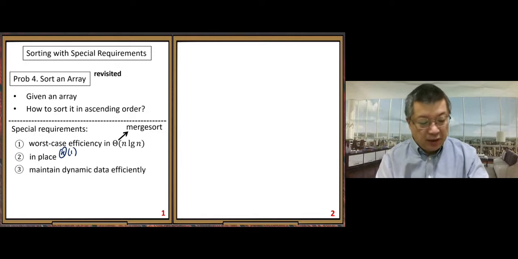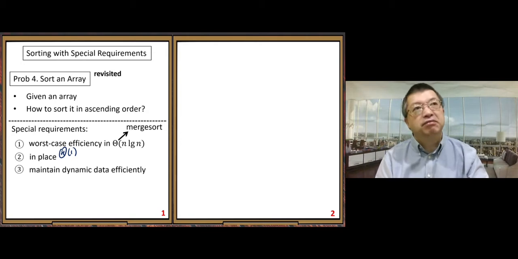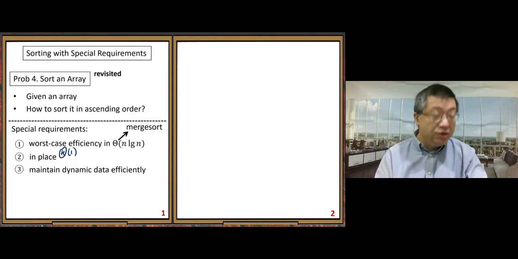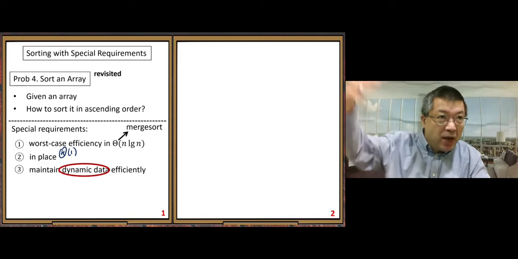Number 3, maintain dynamic data efficiently. This is a new requirement. What do you mean, dynamic data? Data keeps coming in.